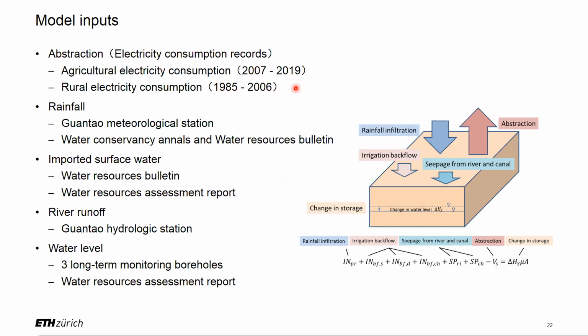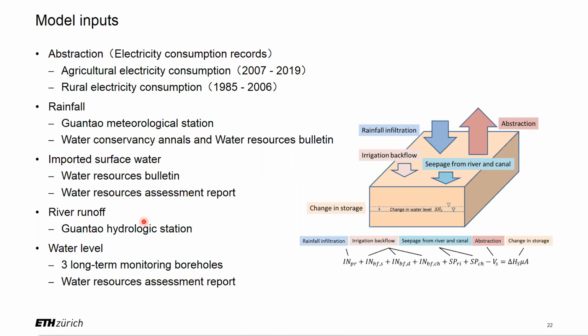part of my presentation. We also need rainfall, annual rainfall, to calculate rainfall infiltration. The data can be obtained from the Water Resources Bulletin. We also need the imported surface water to estimate the irrigation water that comes from surface water, and also to calculate the seepage from the canal.